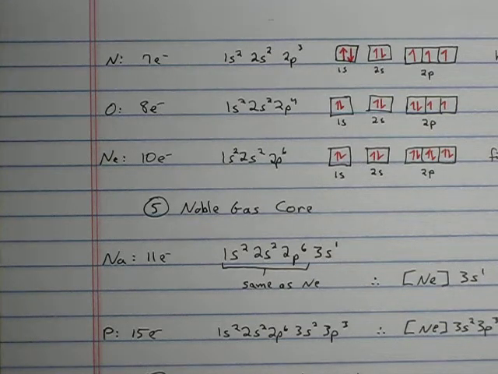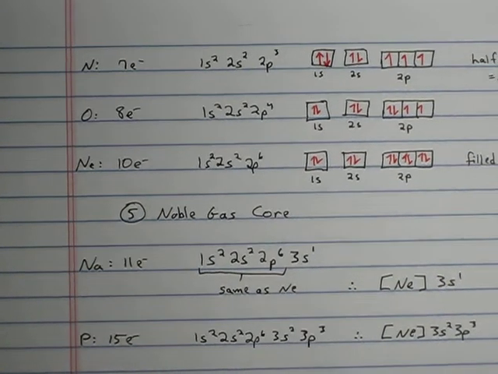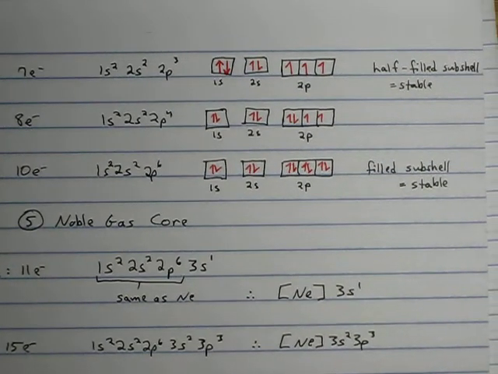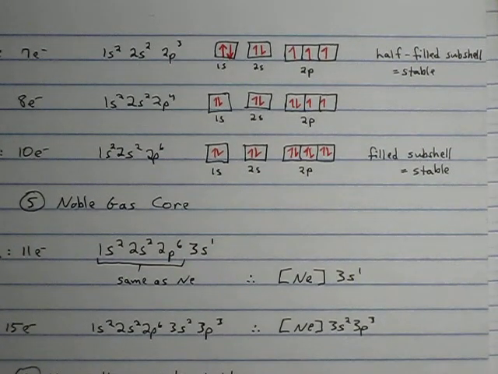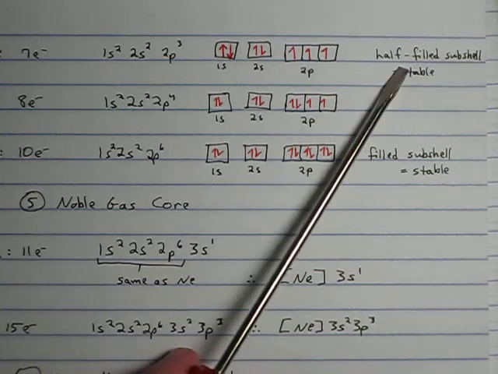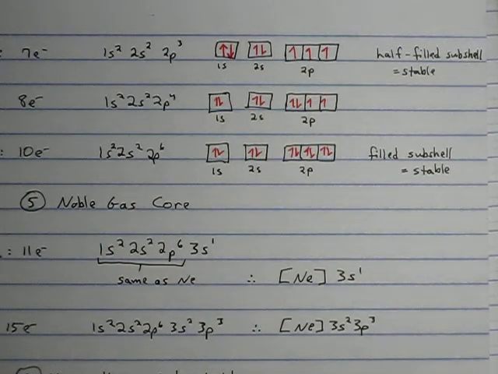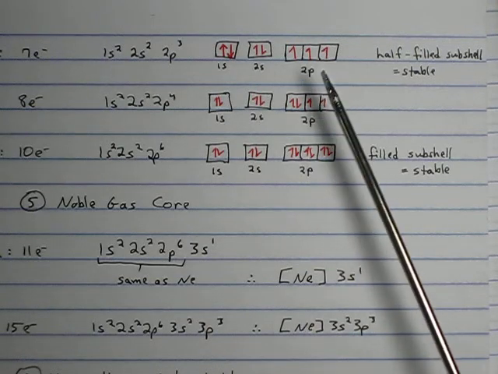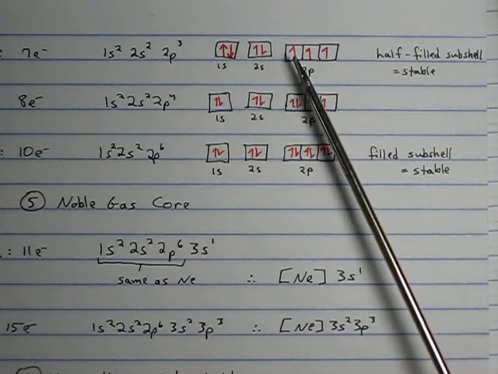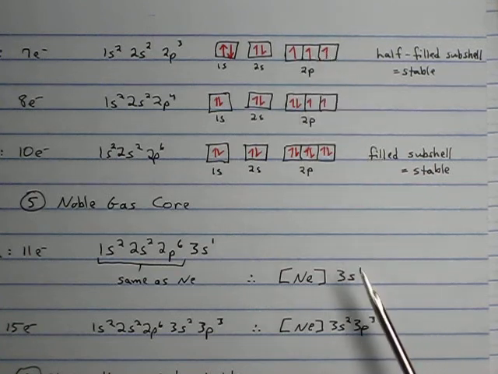But before we get to sodium, because we're starting to get lots of things to write down, let's look at a few things. First thing, it turns out that half-filled subshells are stable. So nitrogen here has the 2p subshell half-filled, 1 electron in each orbital. That turns out to be kind of stable. It makes a nitrogen atom a little bit more stable than you'd think it should be.